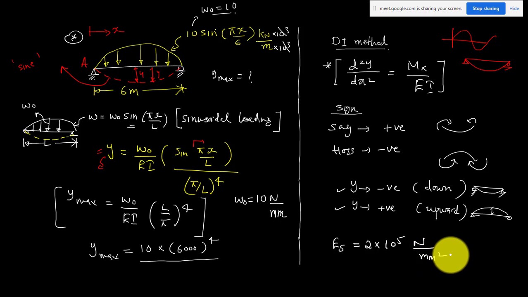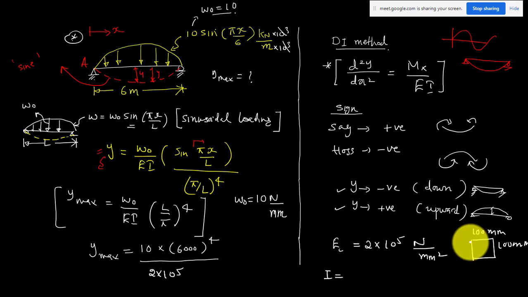Remember, everything I am substituting in Newton and millimeter, so all the Newton terms will get cancelled in this equation. Finally you will get the deflection in millimeter. E is 2 into 10 power 5 Newton per millimeter square, and I is the moment of inertia of your beam. Suppose you take, for example, some cross section, maybe 100 millimeter by 100 millimeter. Whatever is the given cross section you can use that.